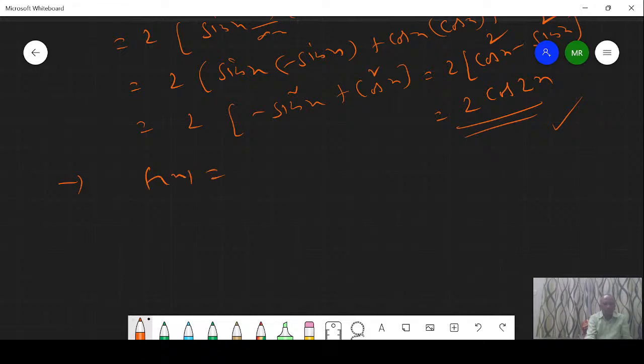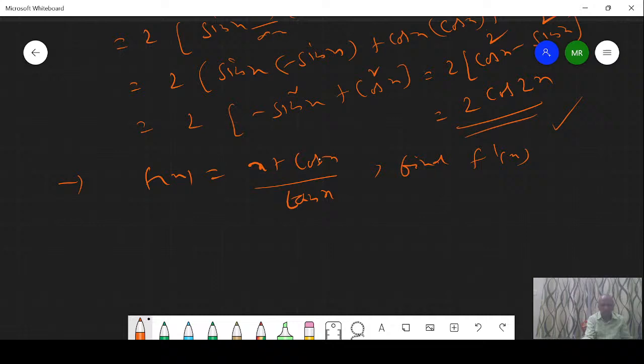They will write f of x is equal to x plus cos x by tan x. They are given this, find f dash of x. You should find f dash of x, where f of x is x plus cos x by tan x.